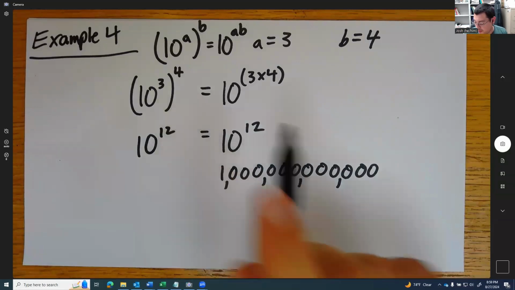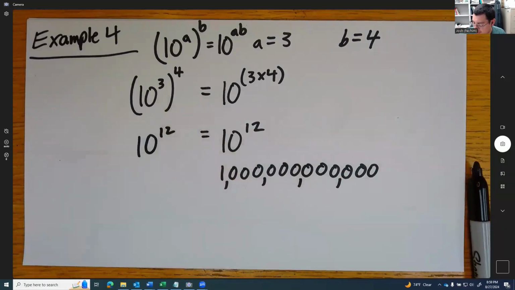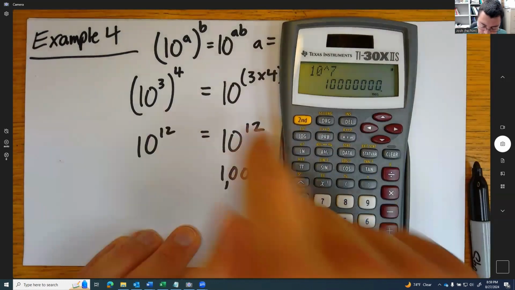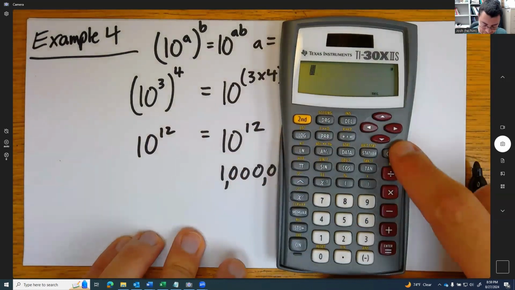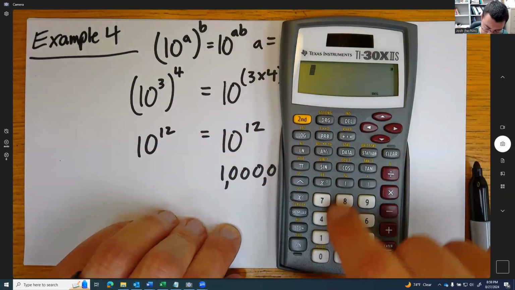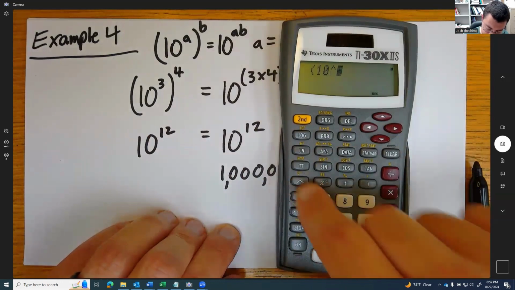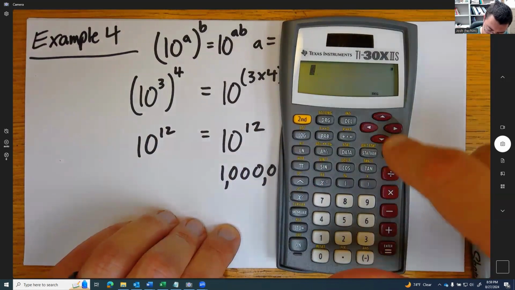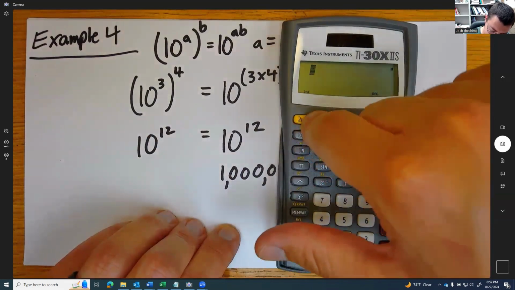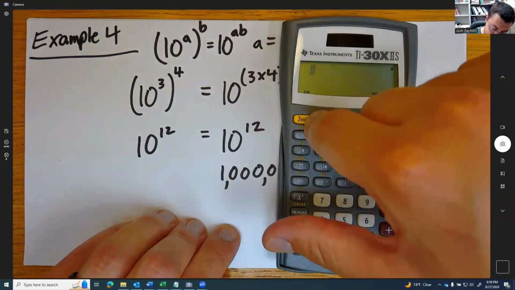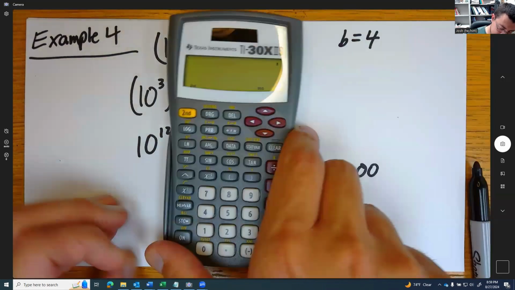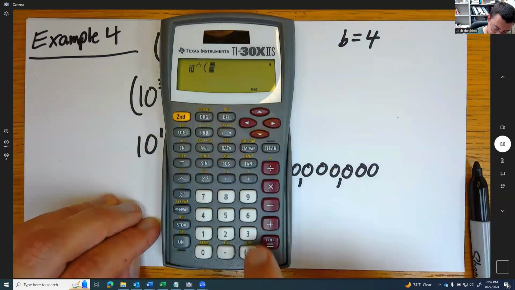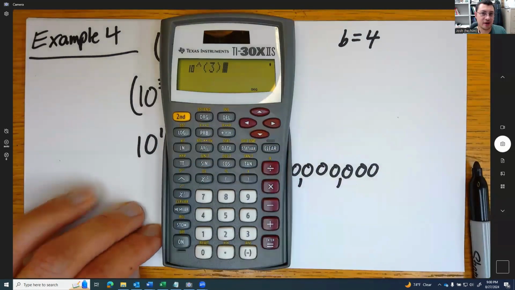All right. But you may be wondering, will it say the same thing on a calculator for both sides? Let's find out. Let's do 10 to the 3 power. Some calculators, you might have something like this one. I can hit second, and then the log button, which has in yellow 10 to the x above it. That would work similarly.